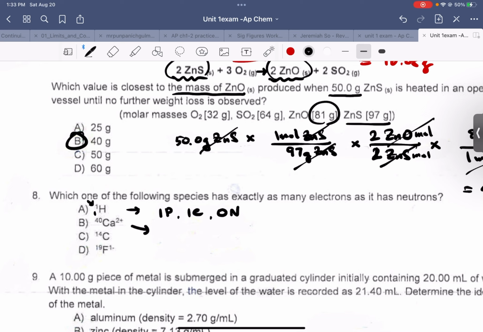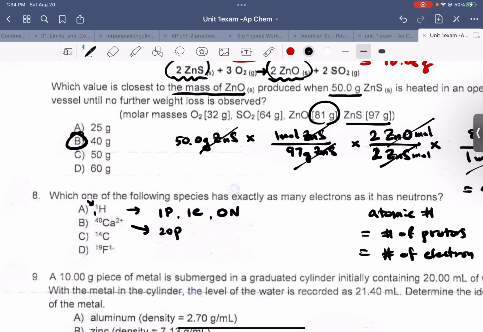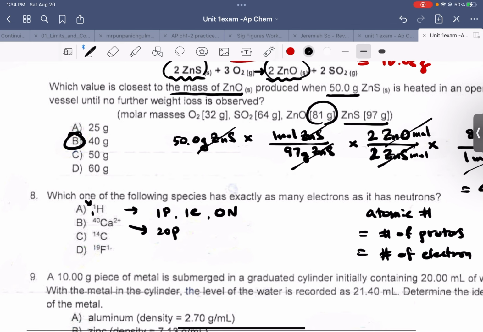Now the second one, mass is 40 for calcium. If you look at the periodic table, the mass is 40, and the atomic number is 20. So you have 20 protons. Remember, atomic number is the same as the number of protons. If it is not ionized, that's also the same as the number of electrons. But if it's ionized, then you have to think about it.